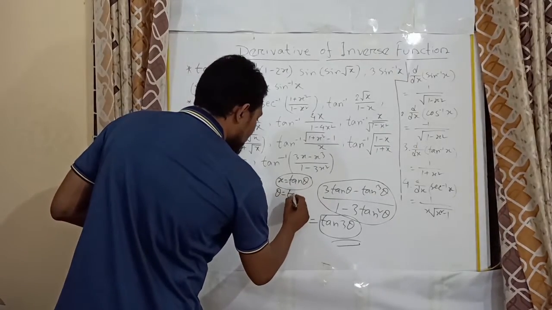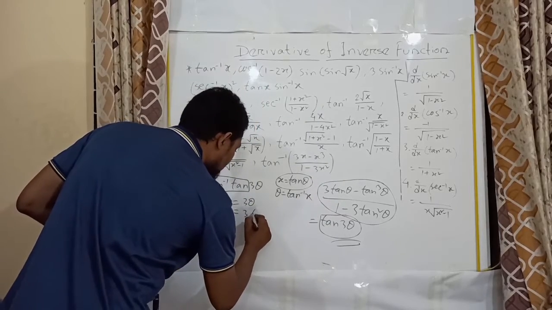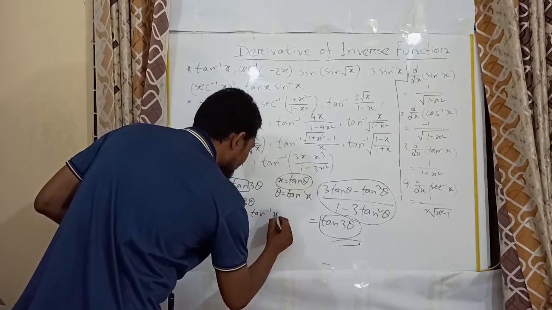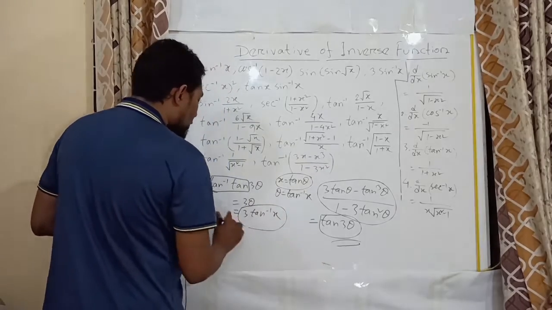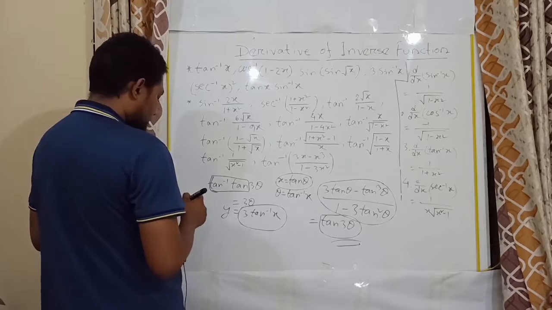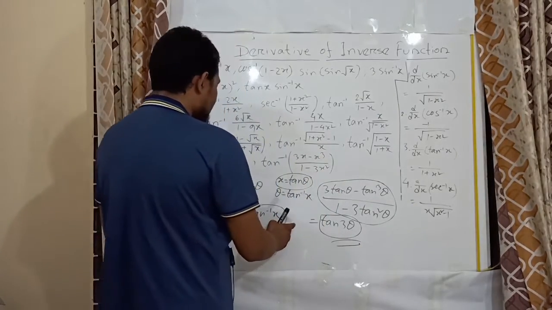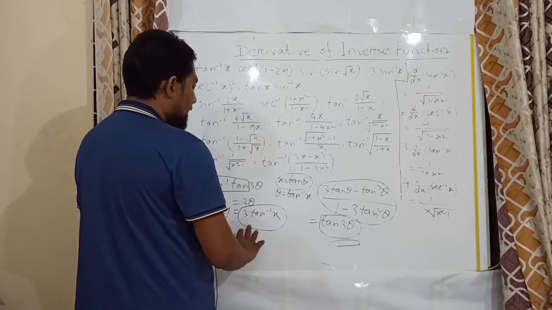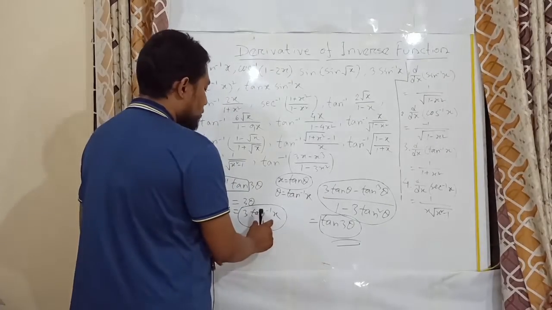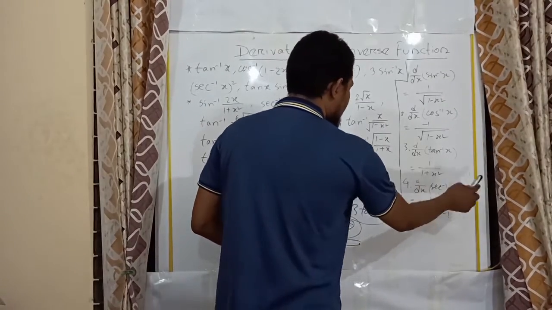Theta equal to tan inverse x, so we get 3 tan inverse x. Now we have simplified our very complex expression into a simple one. If we take the derivative of this 3 tan inverse x, we will get 3 by 1 plus x square, because the derivative of tan inverse x is 1 by 1 plus x square.